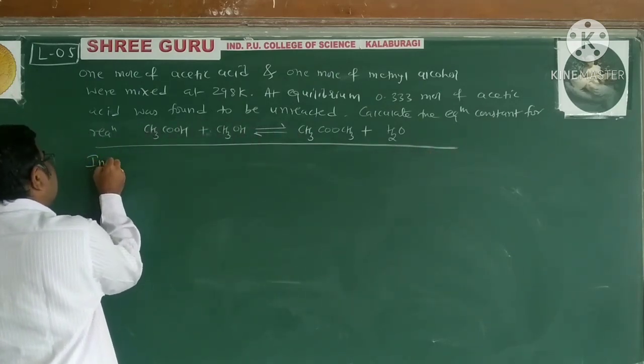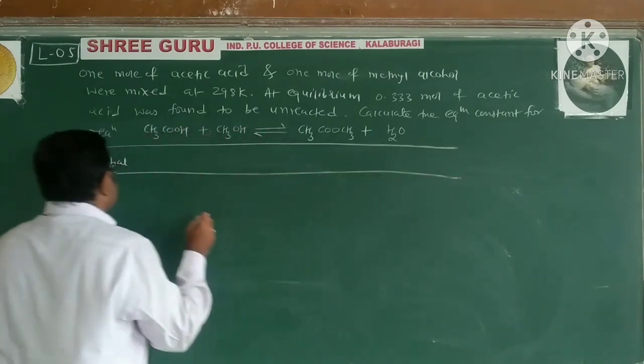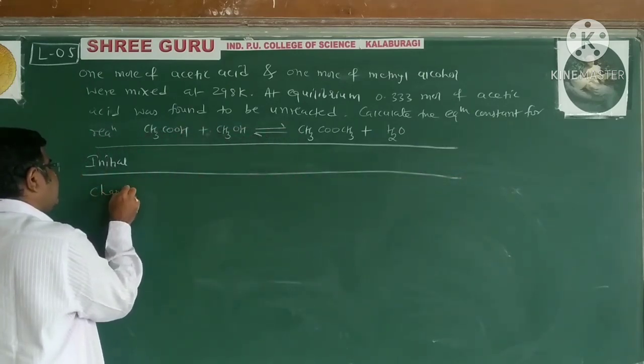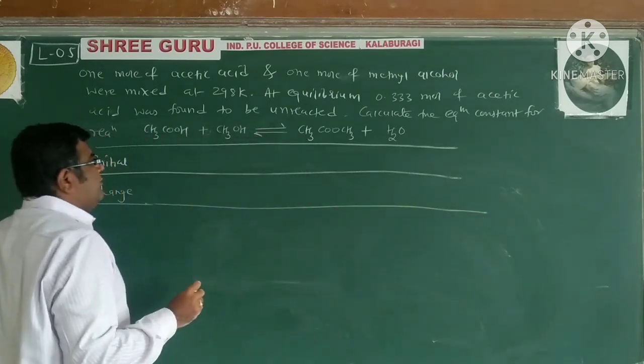So it is initial concentration, change in concentration, and the equilibrium concentration.